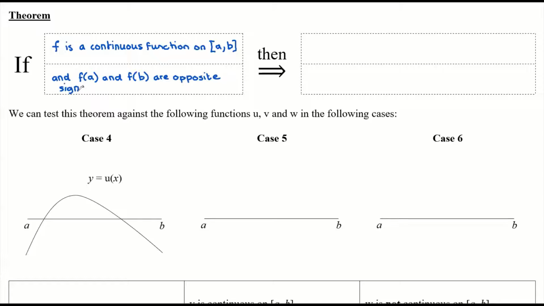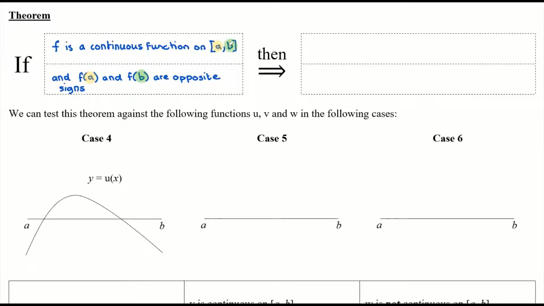If you want to show what that means mathematically using symbols, that's fine. But that will do. So if we have those 2 conditions, if f is a continuous function on AB and there is a change of sign between f of A and f of B, and note that A and B are the extreme ends of the interval. So f of A is, of course, the first point in the interval, and B is, of course, the second point in the interval.